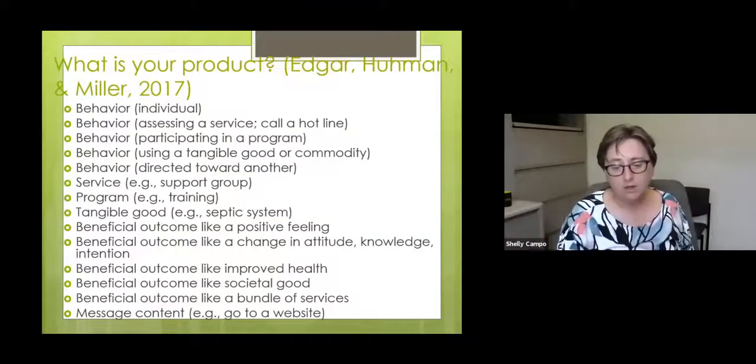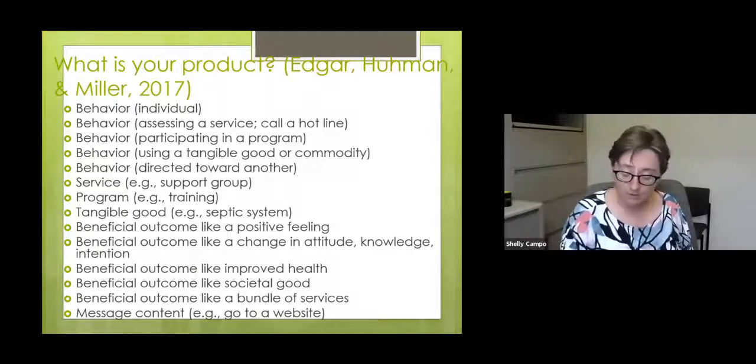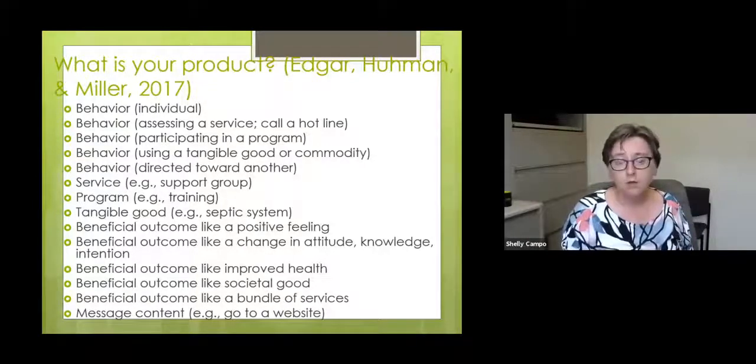The other thing that the formative evaluation will help you with is figuring out what your product is. So for some of you, the product is something like getting people to enroll in a service or participate in a program. It might be a tangible good of buying or investing in some physical public health mechanism, like a new septic system, or a water filtration system, or other kinds of things to make sure that people have safe drinking water.